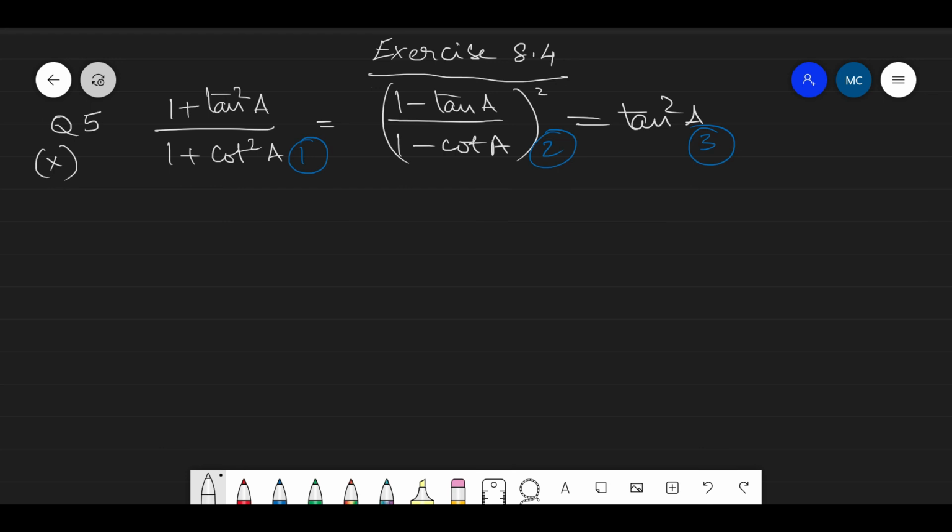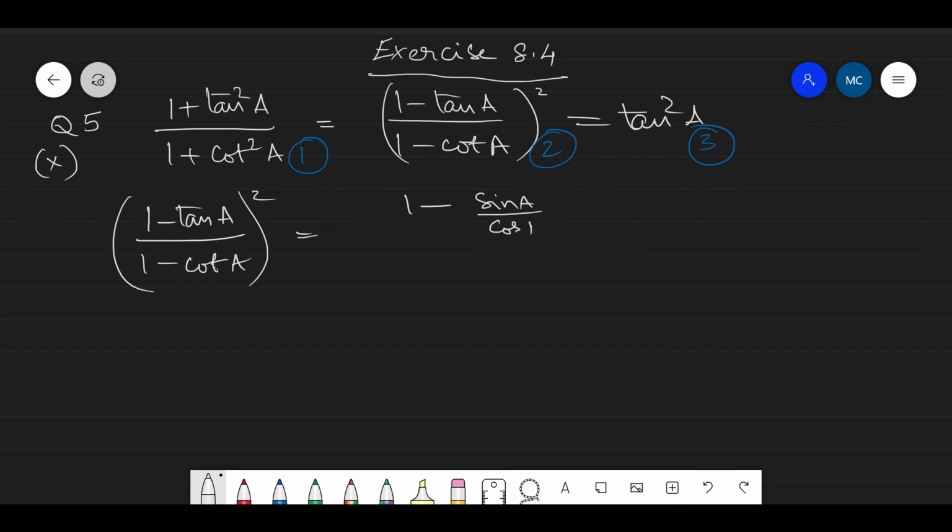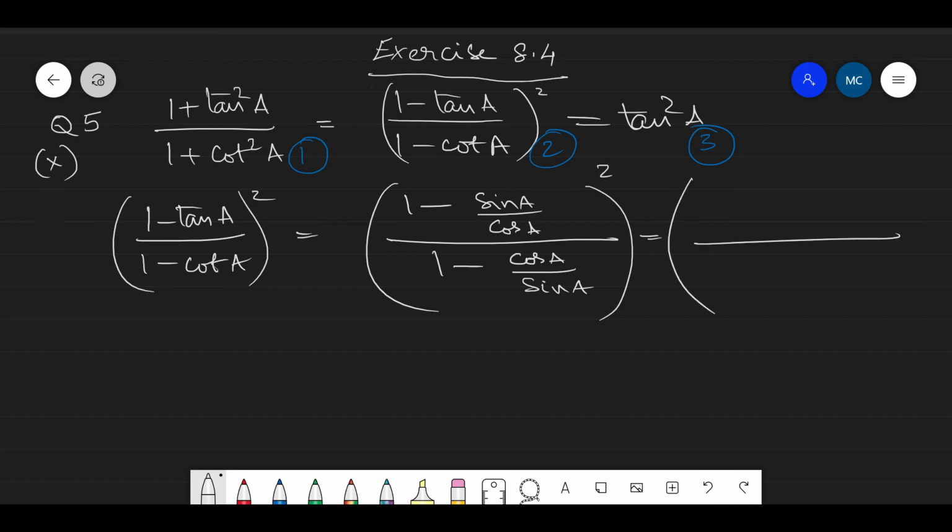Now we'll take the second one, that is 1 minus tan A by 1 minus cot A whole square. This we will be writing as 1 minus tan A is taken as sin A by cos A by 1 minus cos A by sin A whole square. Now take LCM for the numerator.